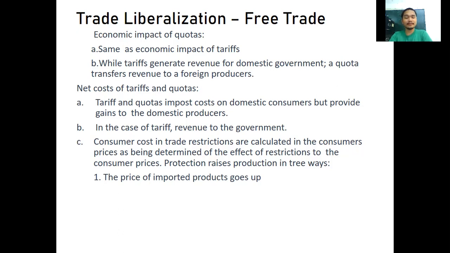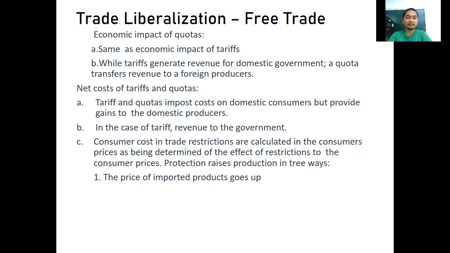Okay. And the consumer cost of trade restrictions is calculated in the consumer prices as being determined by the effect of restriction on consumer prices. So protection raises production in three ways. Correct the spelling, na three na tulo.